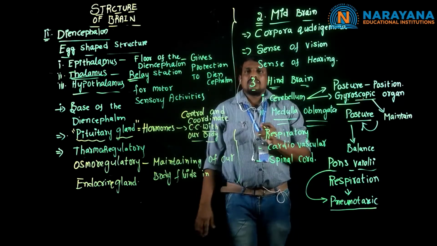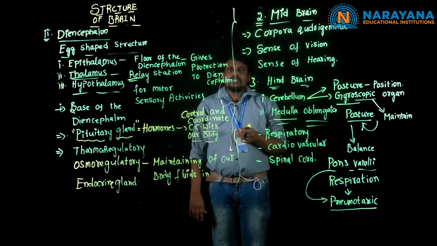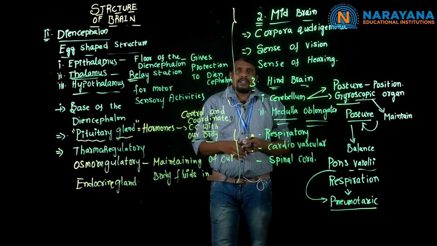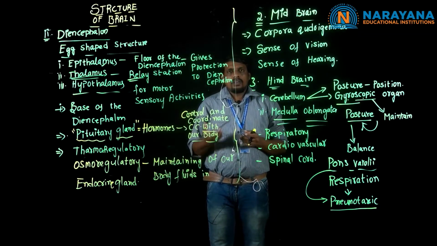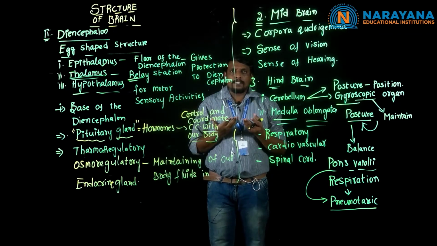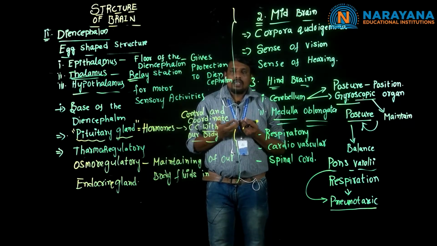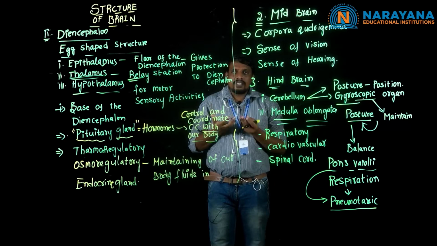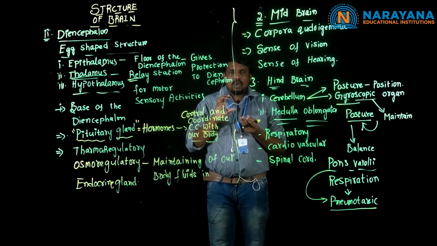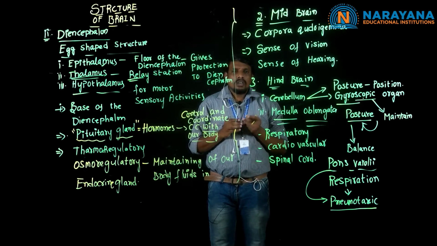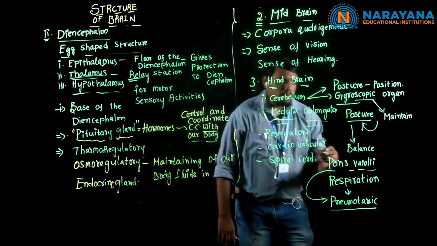Respiration includes inspiration and expiration. During inspiration, oxygen concentration increases in the blood. During expiration, oxygen concentration is decreased, isn't it? So to regulate this concentration, the pons varolii contains the pneumotaxic center that plays an important role.